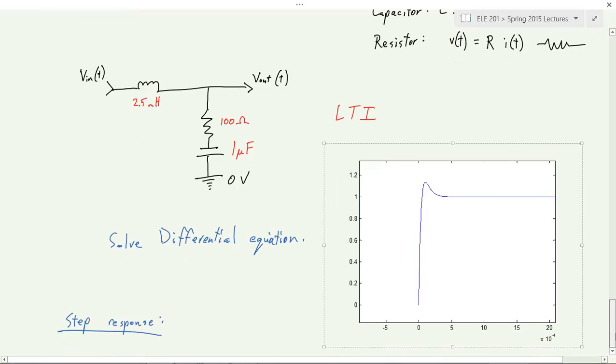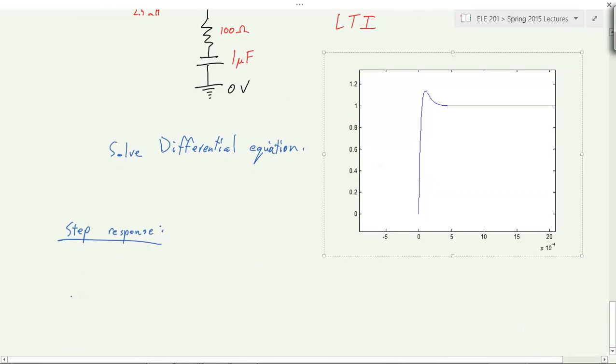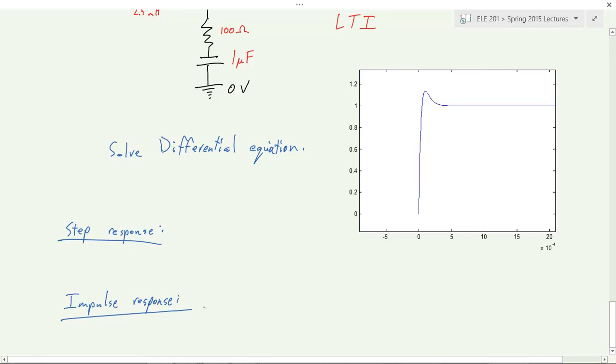Now, from this, we can calculate an impulse response. You'll see later the relationship between the step response and the impulse response. The step response, by the way, when you solve the differential equation, you get something like this. That was the step response of the system. The impulse response, it turns out, is just the derivative of the step response.